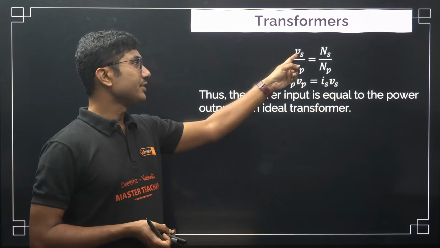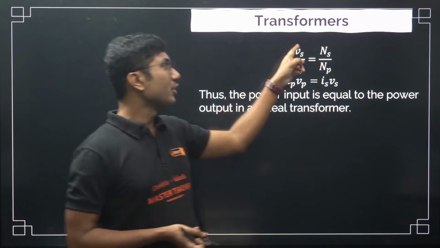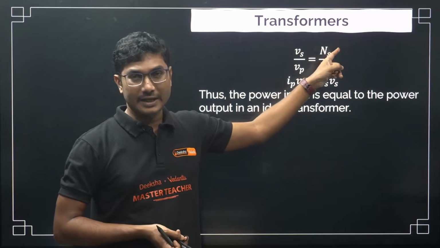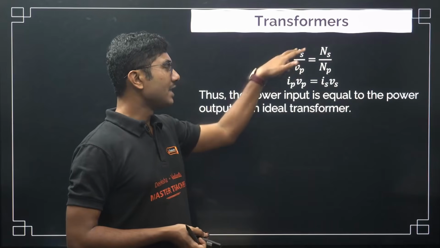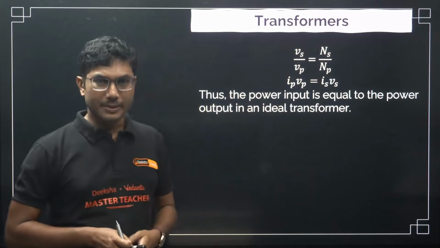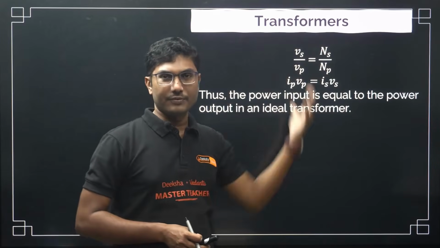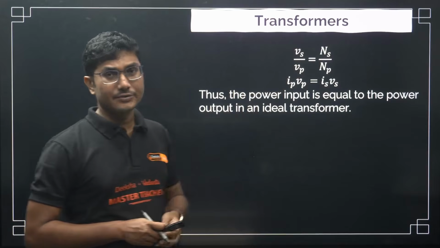This is the voltage of secondary, this is the voltage of primary. Voltage of secondary divided by voltage of primary is the number of turns in secondary divided by the number of turns in primary. Vs by Vp equals Ns by Np. This is the conversion factor. If some small numerical question comes, you have to answer it using this formula.